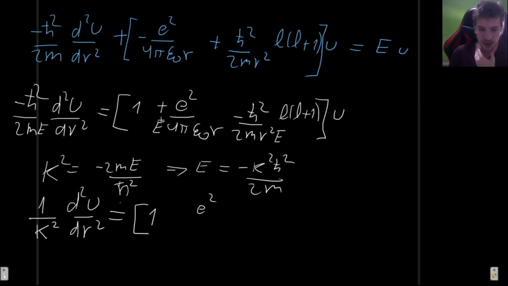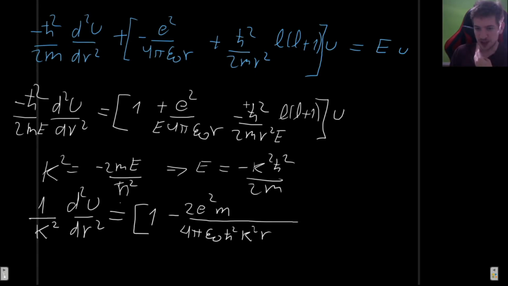But what else do we have? Now, instead of this energy here, we're going to get minus k squared h bar squared divided by 2m. So the 2m will actually go in the numerator, and the negative sign will be up front. Now, what else do we have? We have now 4 pi epsilon 0, then we have h bar squared and k squared r.